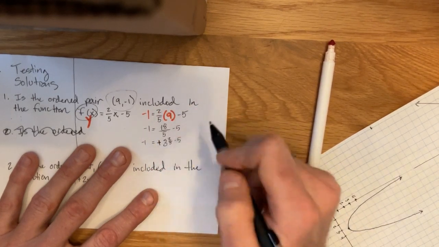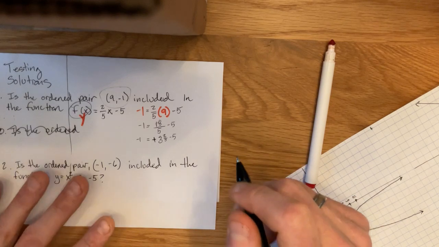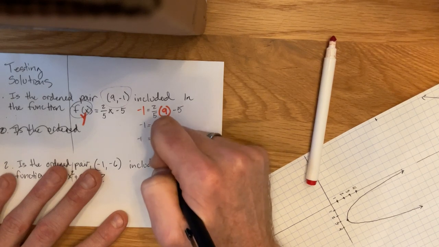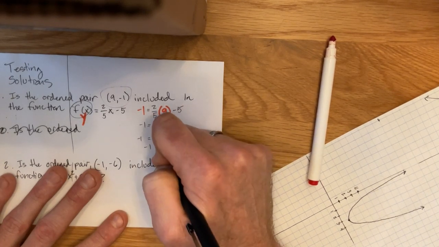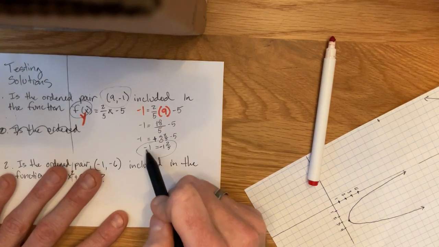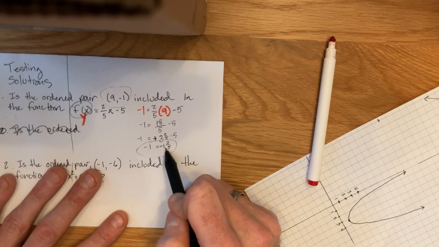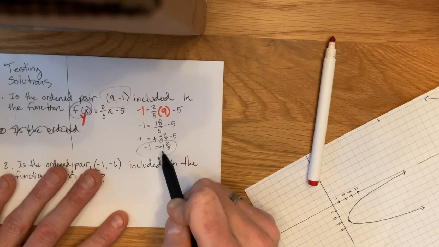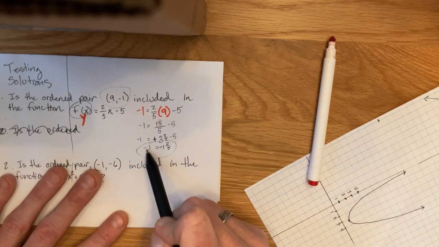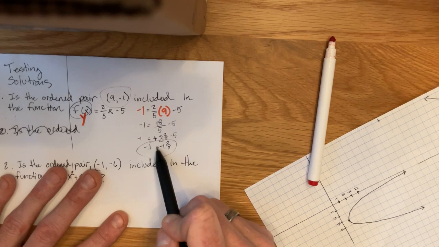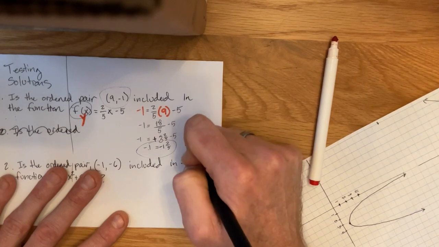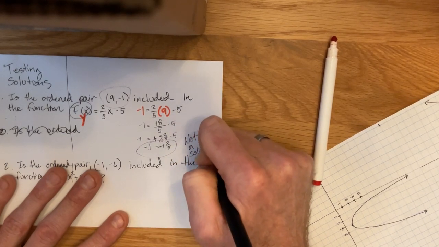And then if I subtract 5 from 3 and 2/5, I'm going to get negative 1 and 3/5, which is not a beautiful fraction. But you get down to this, and you've got a number equals a number. Look, -1 is not -1 and 3/5. This number does not equal that number. When you're testing a solution, when you plug it in, if you get a number and another number on the other side of that equal sign and they're not equal, then this is not a solution.